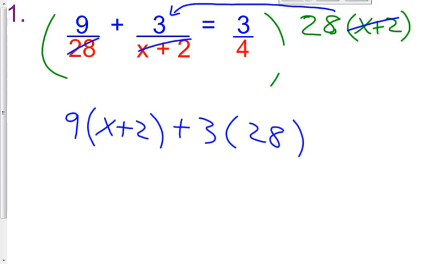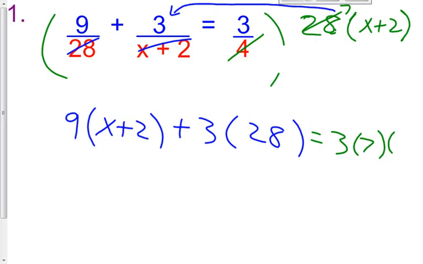And then for our last one, the 28 and the 4, those reduce to 7 over 1. So now it is 3 times 7 times x plus 2. And now we do not have a denominator anymore. So now we're going to solve.